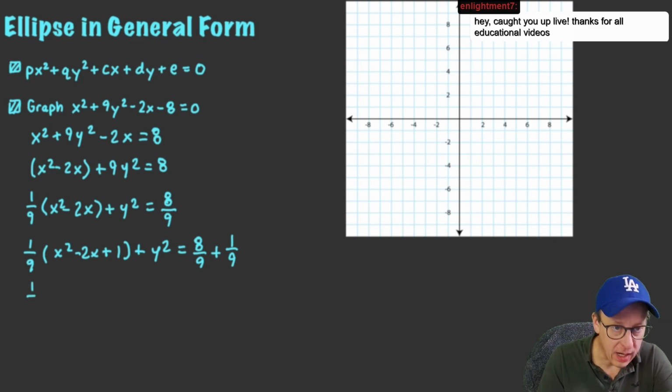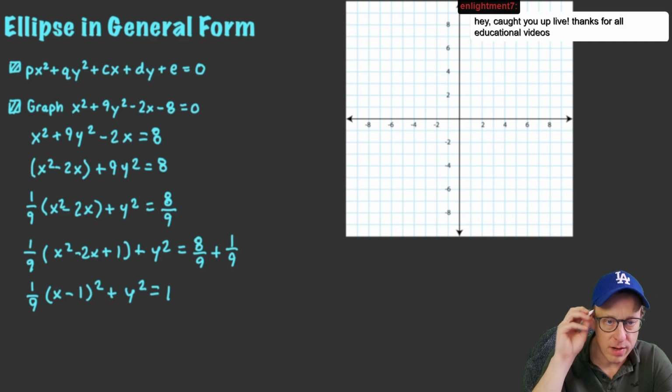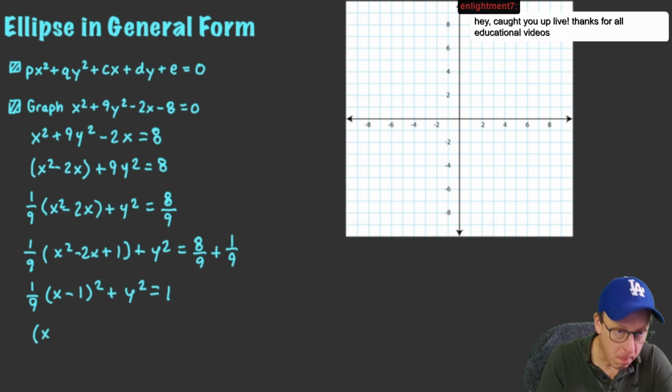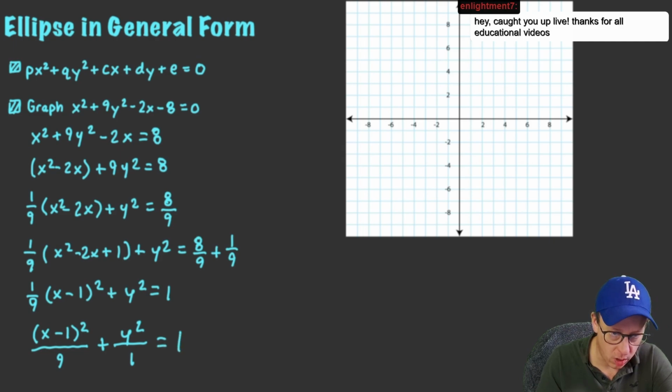So it'll end up being equal to 1 over 9, x minus 1 squared, again completing the square like we did previously a couple times, is equal to 1. And then we can go and get it back into its standard form. So we'll just be able to go x minus 1 squared over 9 plus y squared over 1, which is equal to 1.